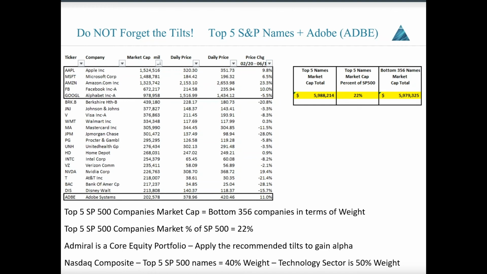If you're concerned about allocating money to the earnings certain portfolio because you fear the returns aren't high enough for you, all you need to do is ratchet up your exposure to those top 5 plus Adobe names. Those are the names that are driving the Nasdaq and the S&P 500 returns anyway.